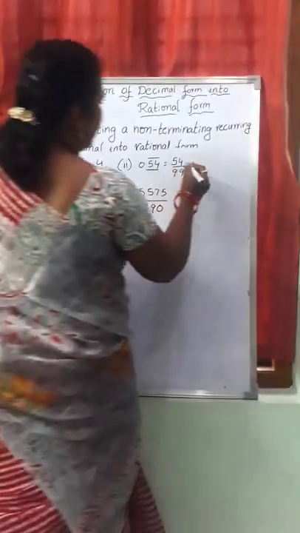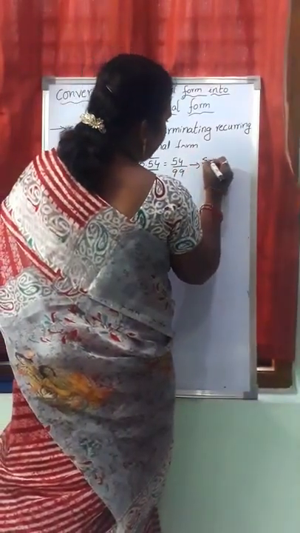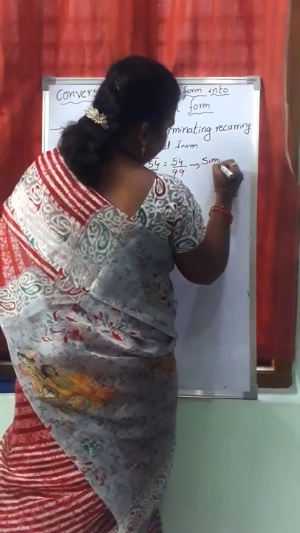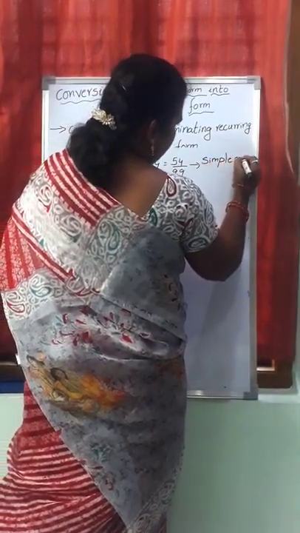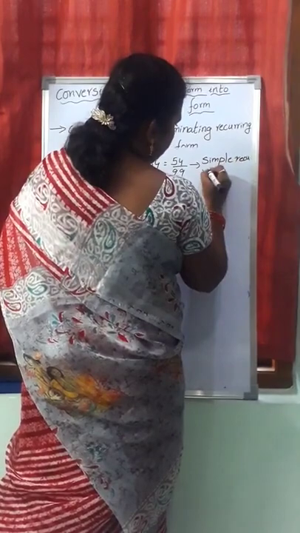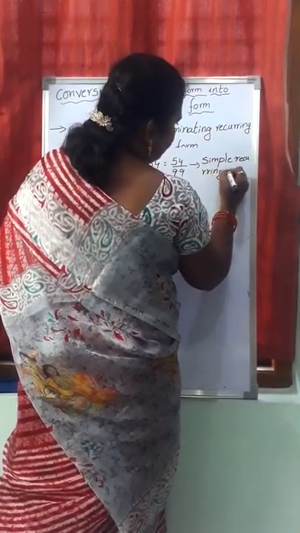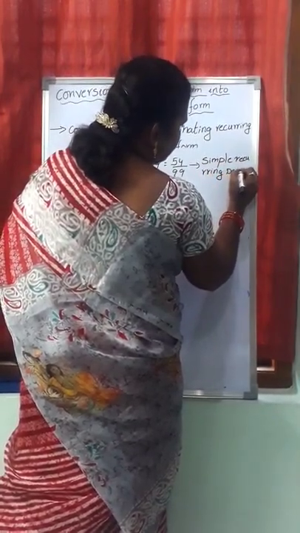That means every digit after the decimal is the recurring digit. Is it correct or not? This type of decimal numbers are called simple recurring decimals.